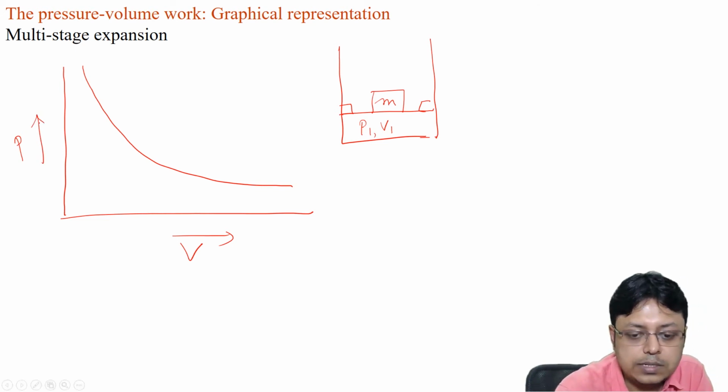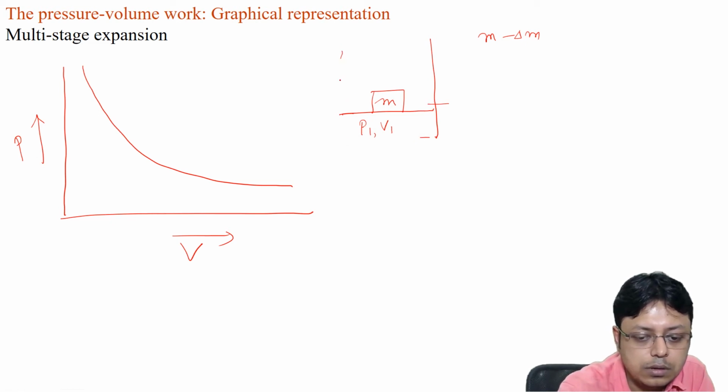And then what we are saying is that we'll reduce the mass by a small amount. Say first we reduce the mass by a very small amount, delta M. Let us assume that there is no pin here.